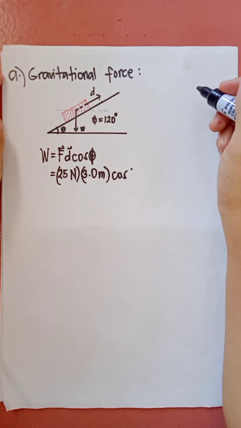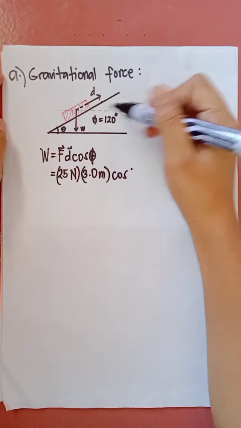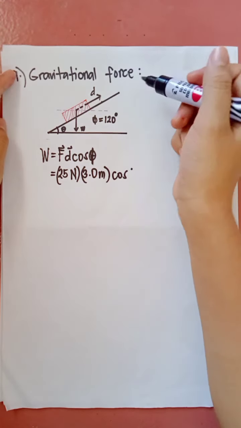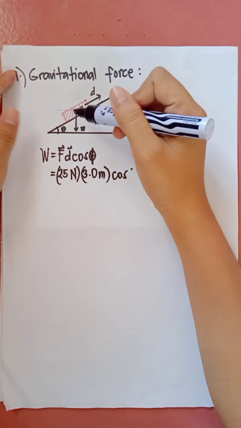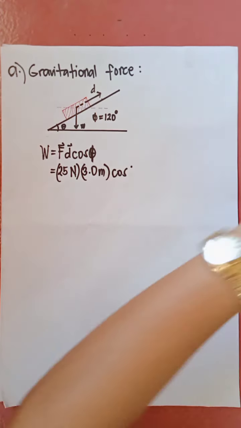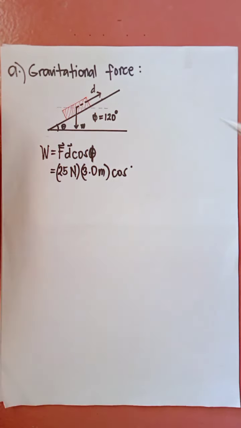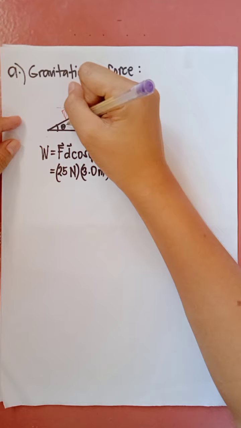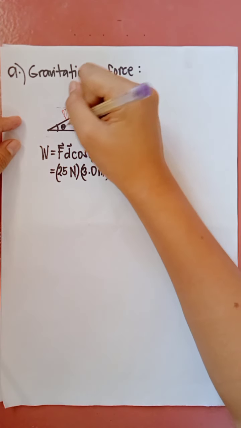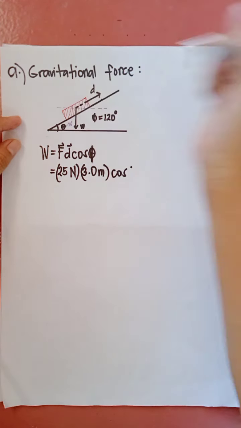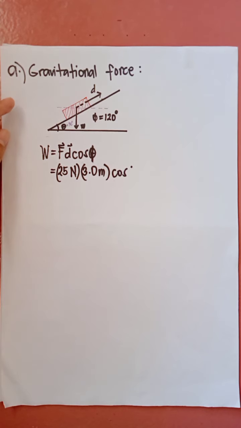Okay, so we will analyze how we came up with 120. Okay, now we all know that theta here is equal to 30 degrees.